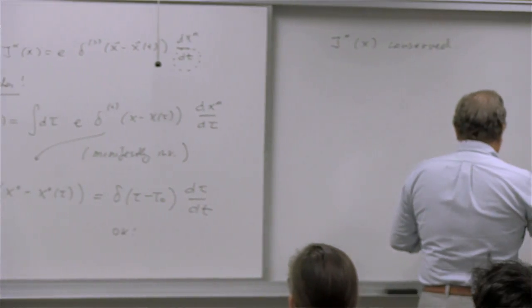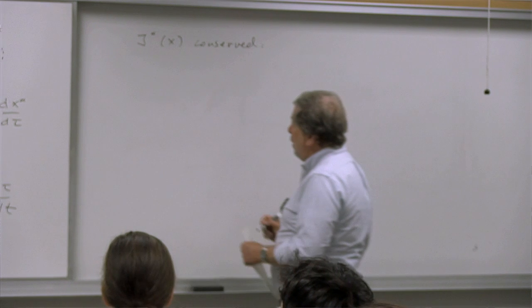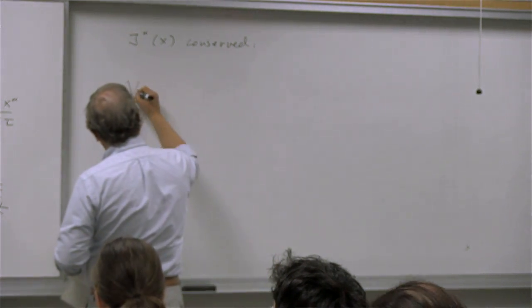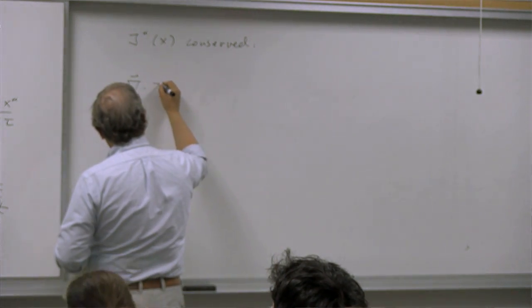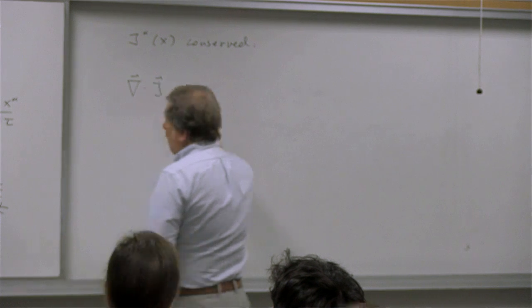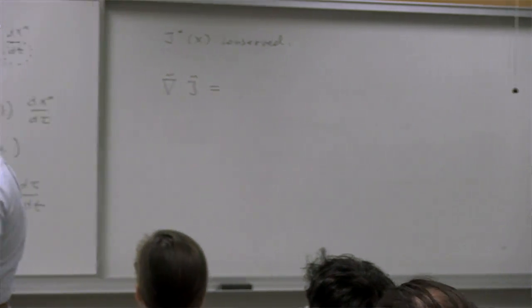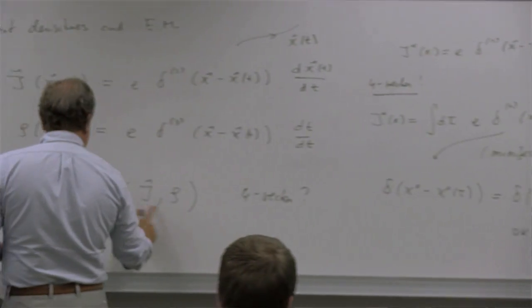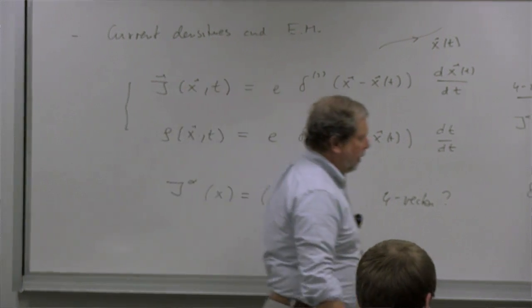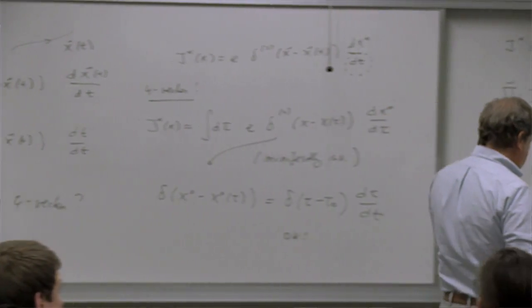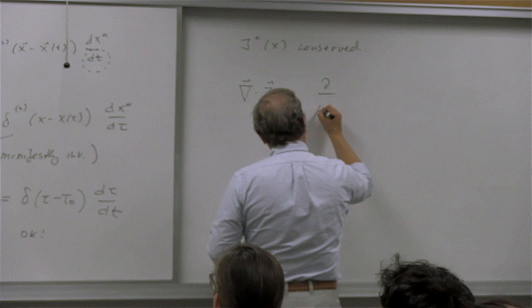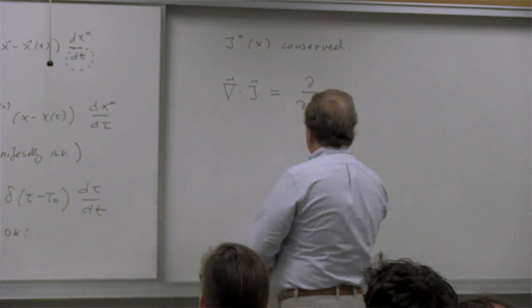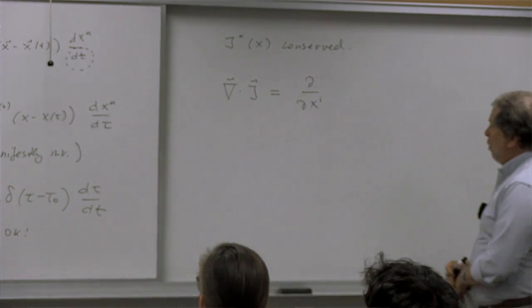So it is also conserved because what we can do is we take the divergence of J. Remember, J has these components, so this is a spatial part. So this is nothing but the derivative with respect to the ith coordinate of the Ji.